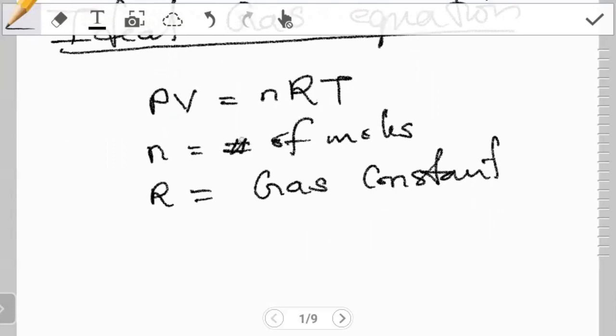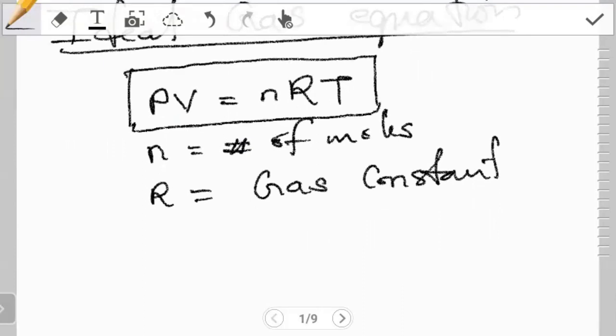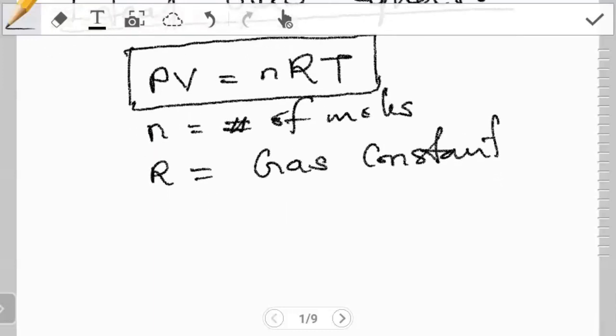Now, if you can remember this law, then you should be able to come up with the three special cases that can arise from the ideal gas equation. From the ideal gas equation, you realize that if you have a gas that is contained in a container, then the ratio on this side will just be equal to nR.